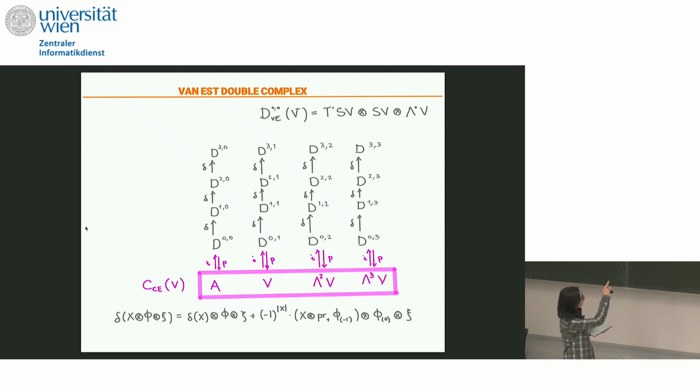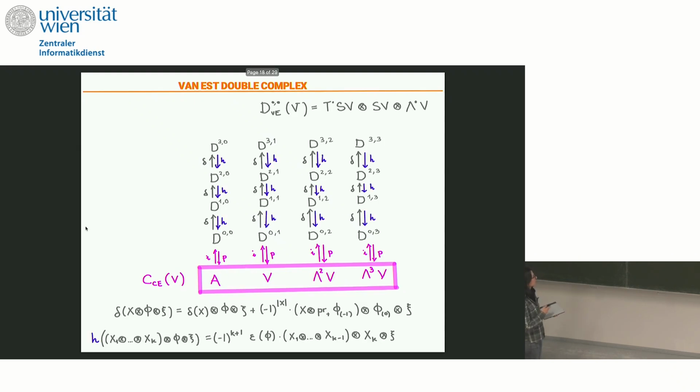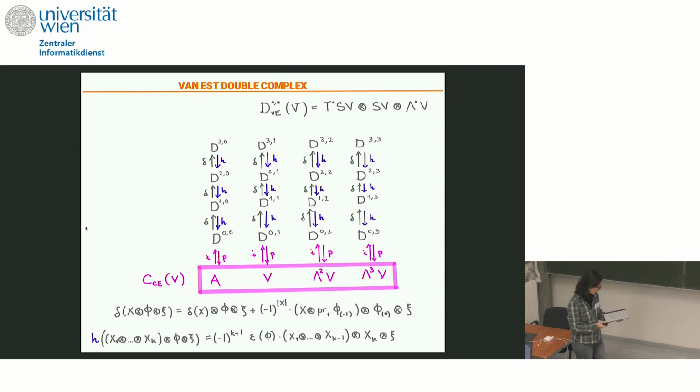It does its job, so it increases the tensor algebra degree. And now, what about the cohomology? Also in this case, same story. We compute the homotopy. Here it is.